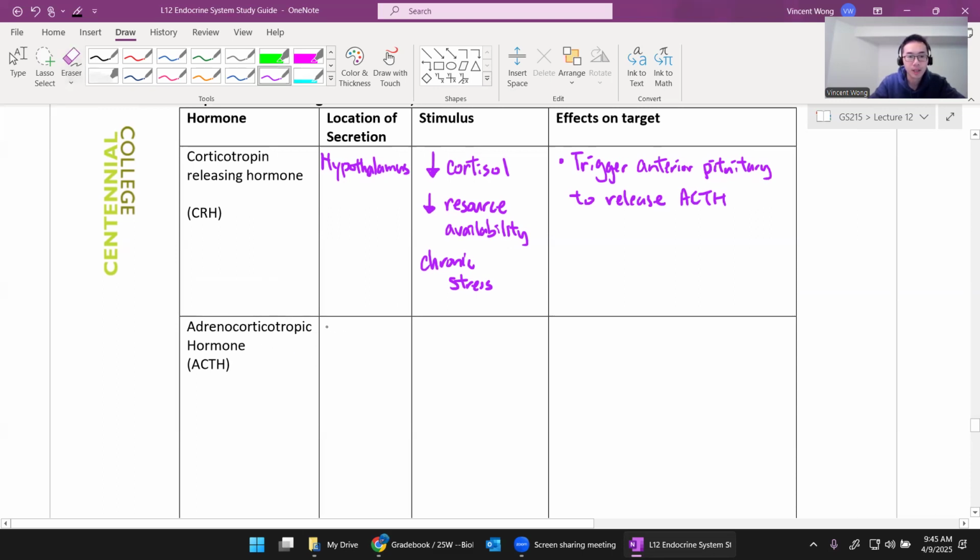And then location of secretion for ACTH is anterior pituitary. And to release ACTH from the anterior pituitary, you need the green light from hypothalamus. And the green light comes in the form of CRH.